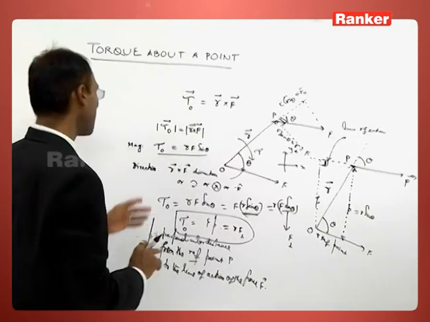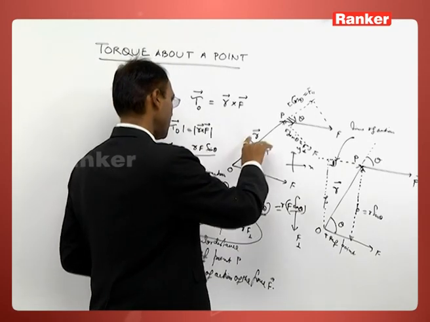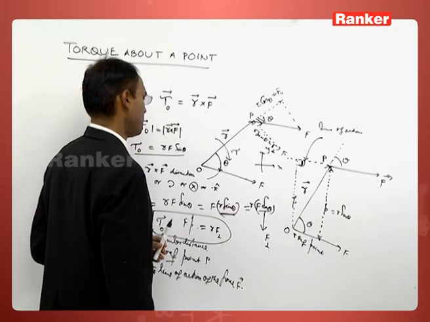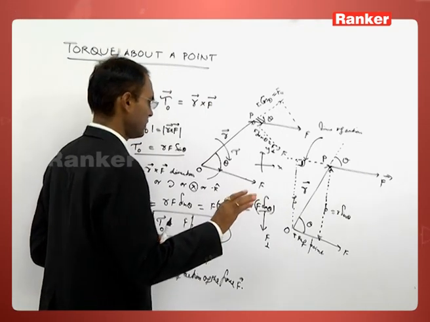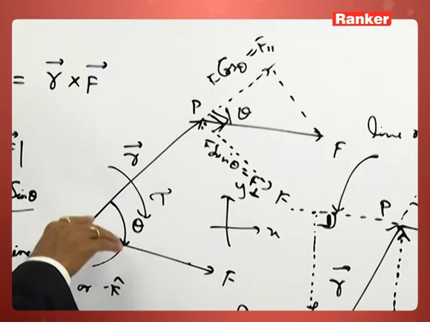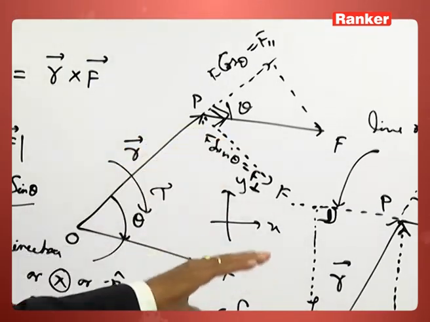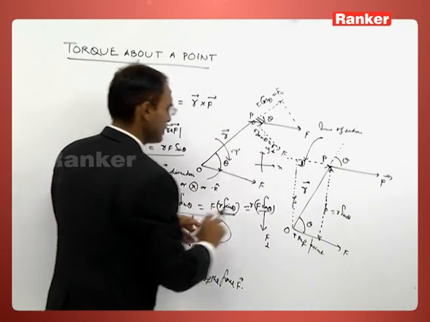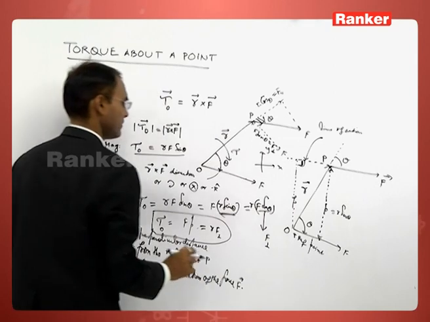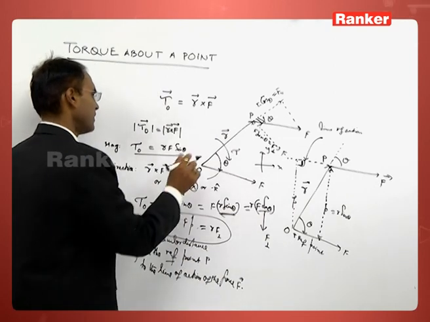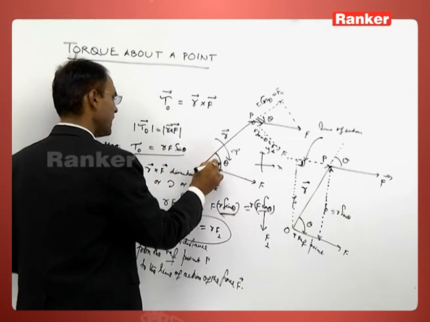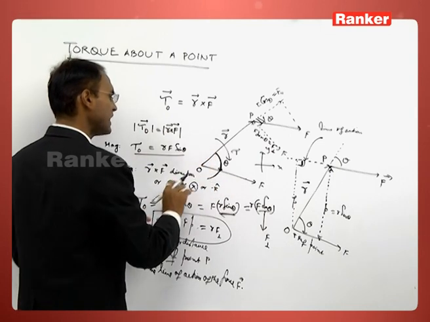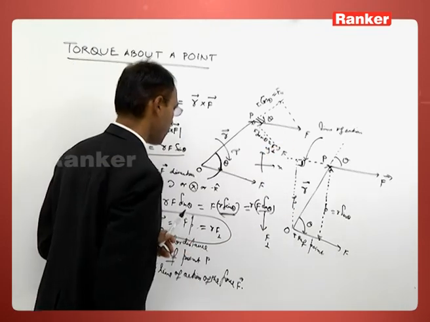The direction you can get by using the A cross B idea of vector product. R cross F is directed in the direction of R cross F. This is R, this is F. You start the angle from R and end at F, so it is moving in a clockwise sense. The direction of the torque therefore is clockwise.